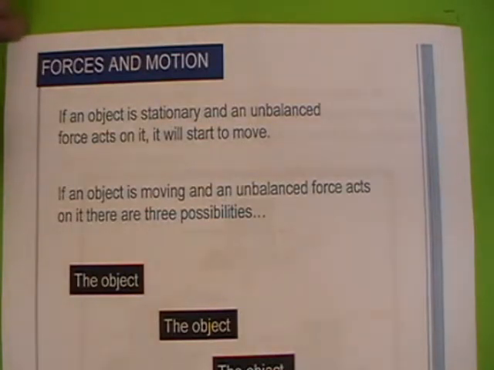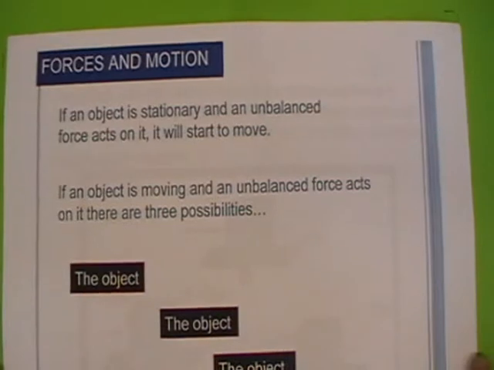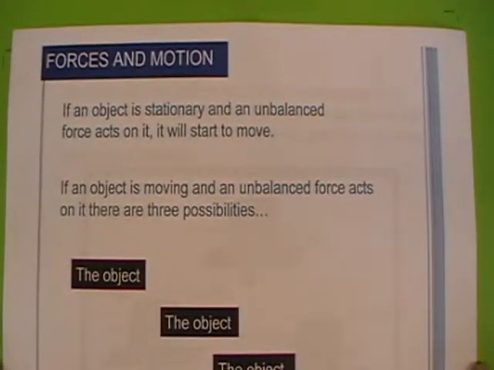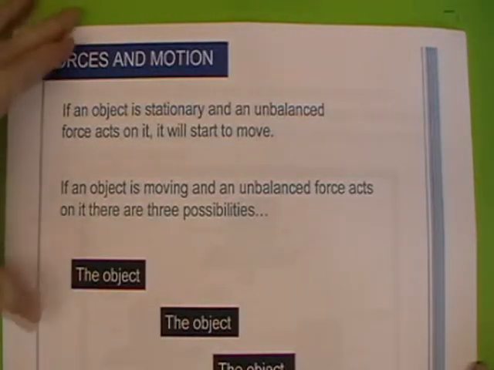Forces and motion. If an object is stationary and an unbalanced force acts on it, it will start to move. So in other words, if there are unbalanced forces, you'll have a resultant force and it will cause it to move. If an object is moving and an unbalanced force acts on it, there are three possibilities.